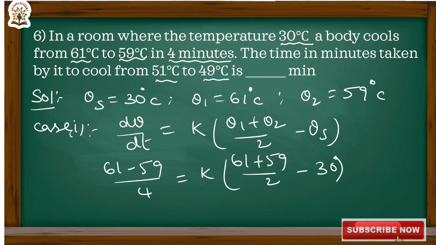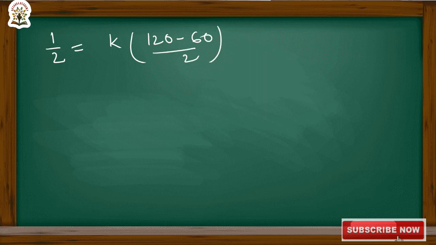So that is 61 minus 59, 2. 2 by 4 is equal to k of (61 plus 59, 120) by 2 minus 30. Next here we are cancelling the 2s. So 1 by 2 is equal to k of, taking LCM, (120 minus 60) by 2. So 2 gets cancelled.